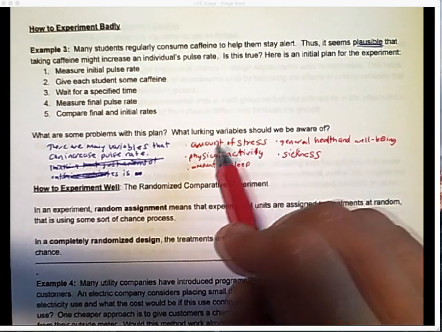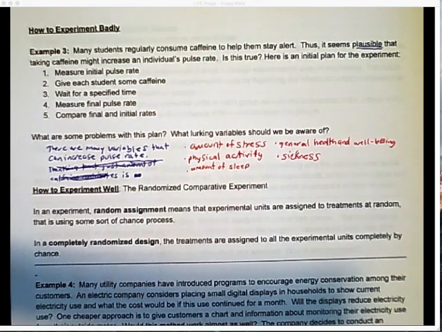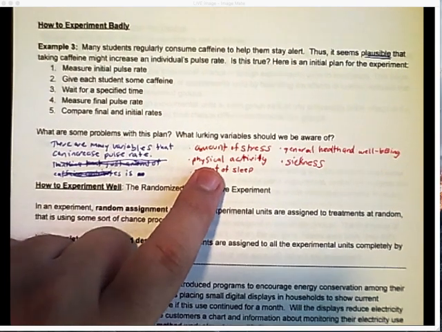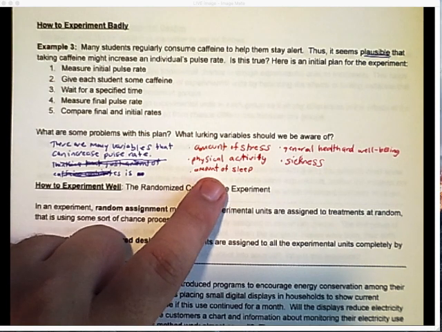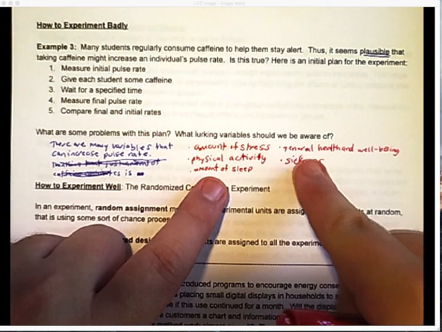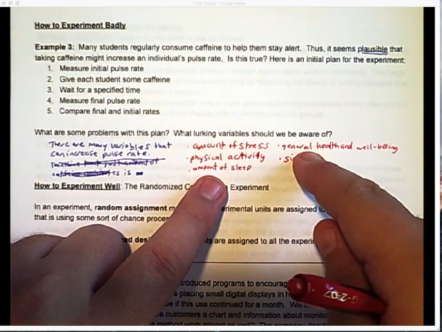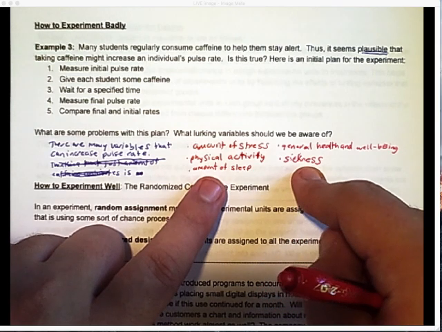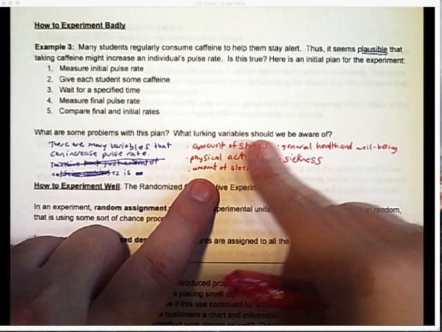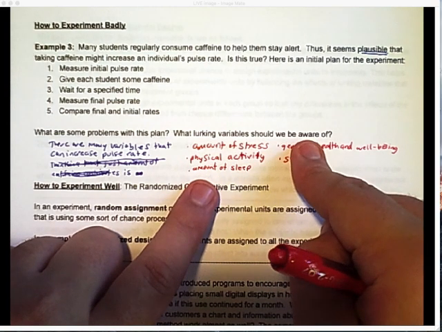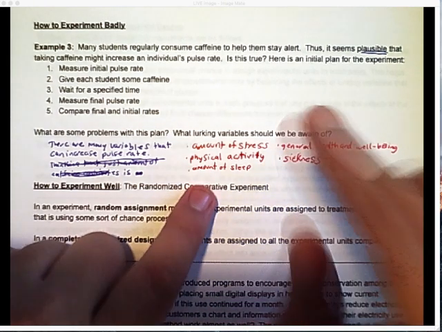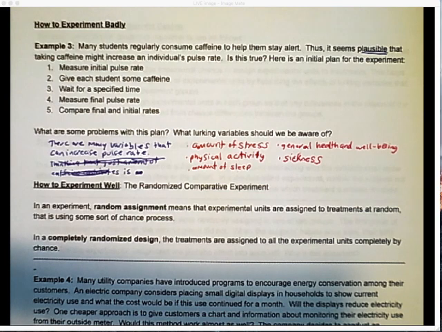If you narrow down your selection to people that have about an equal amount of stress, the same physical activity level, get about the same amount of sleep, are pretty healthy, and none of them are sick, you're controlling for some of these things, but there's other things that we probably didn't even list. So they're lurking variables. They can cause confounding with our results. All right. So that's kind of how you experiment badly.